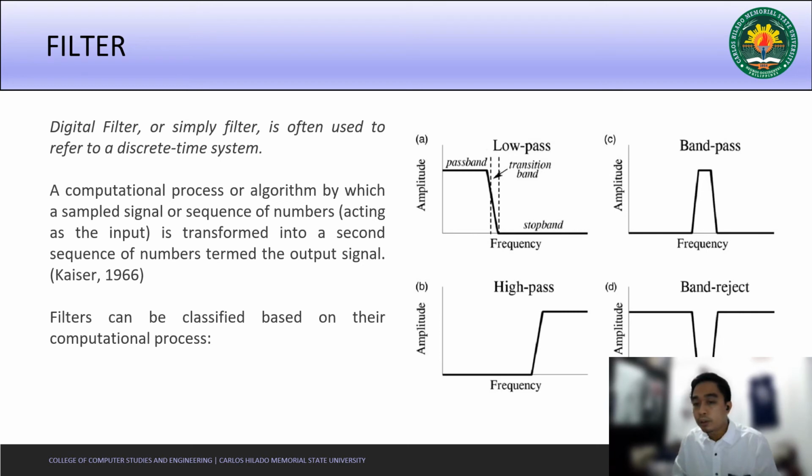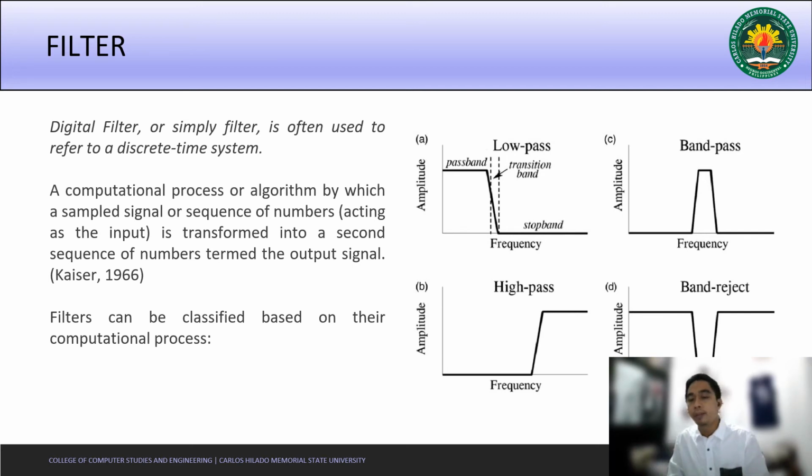And second, we have the band pass filter. When you say band pass, there is only a specific frequency band. As you can see in letter C, the frequencies in between are accepted, but the frequencies before and after are neglected. Meaning in this range, the frequencies are allowed to pass through. Now the fourth one is rarely used.